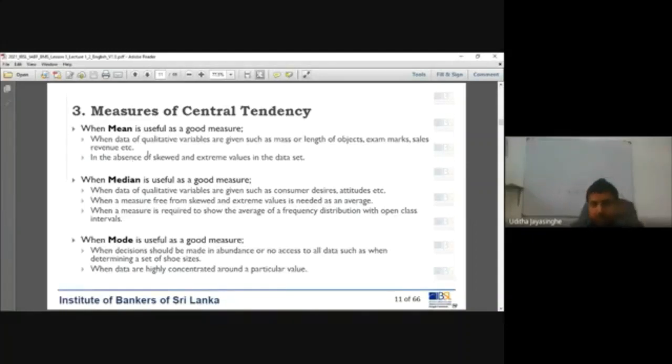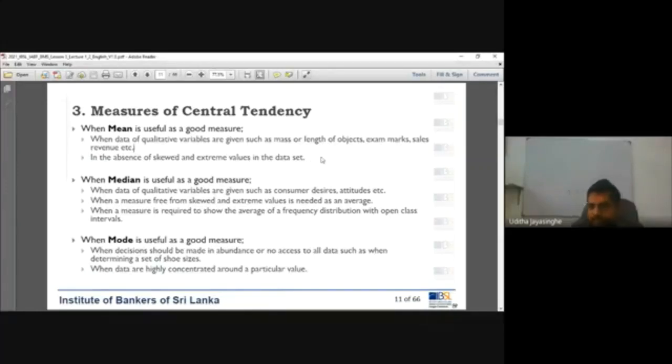When data of quantitative variables are given, such as mass, length of objects, exam marks, sales revenue, things like that, the mean is always good when there are quantifiable numbers. I'm sorry, that word should be quantitative. I'll correct this in the slides also.